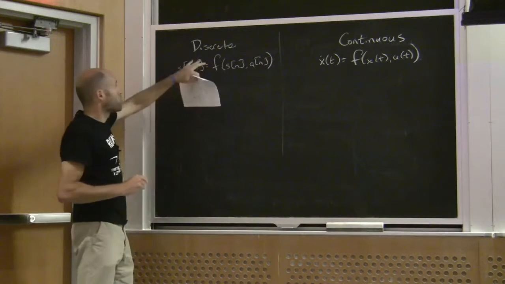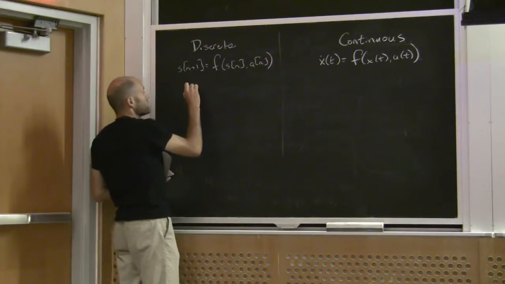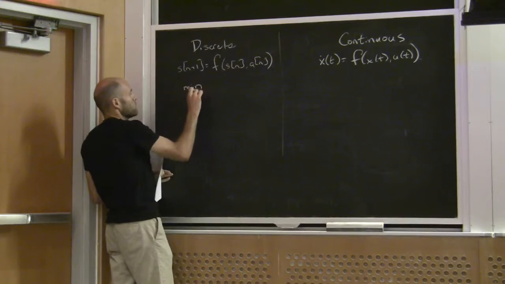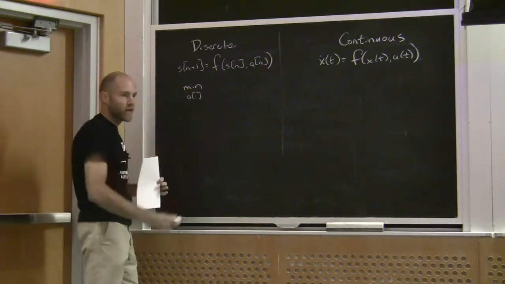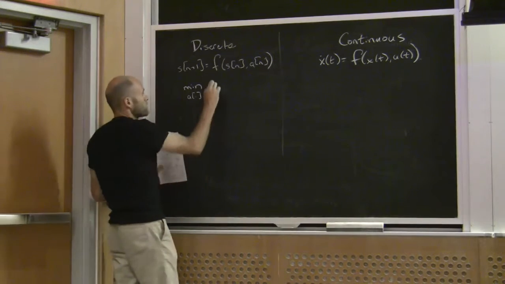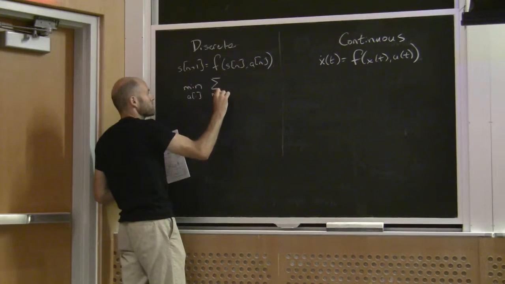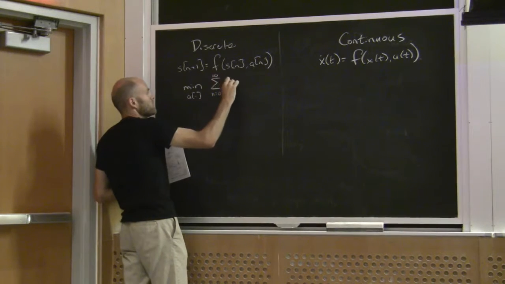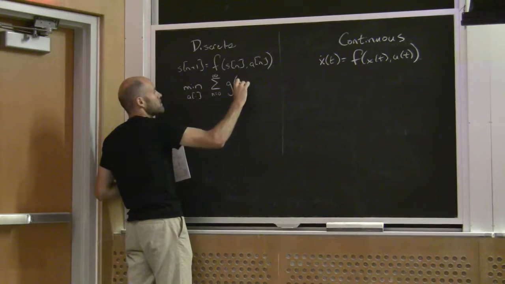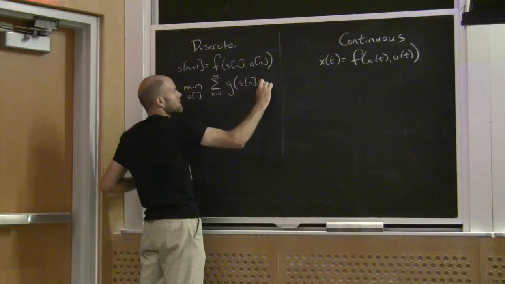In discrete time, we formulated the goal for control as we're going to minimize over all A, over an entire trajectory of controls, possibly to time equals infinity. In fact, let's just say time equals infinity. An additive cost.